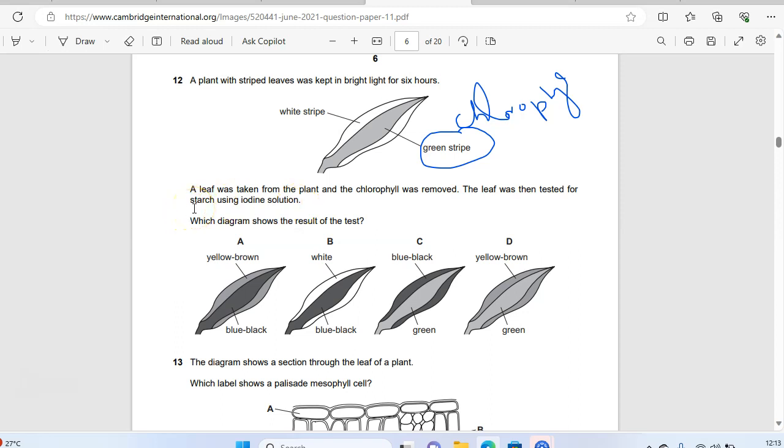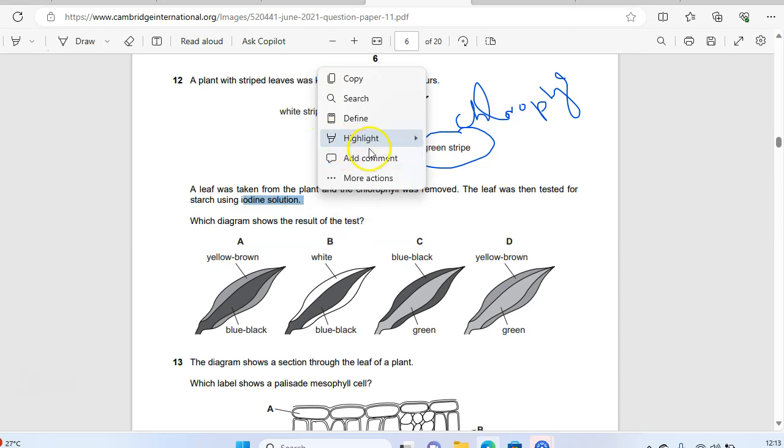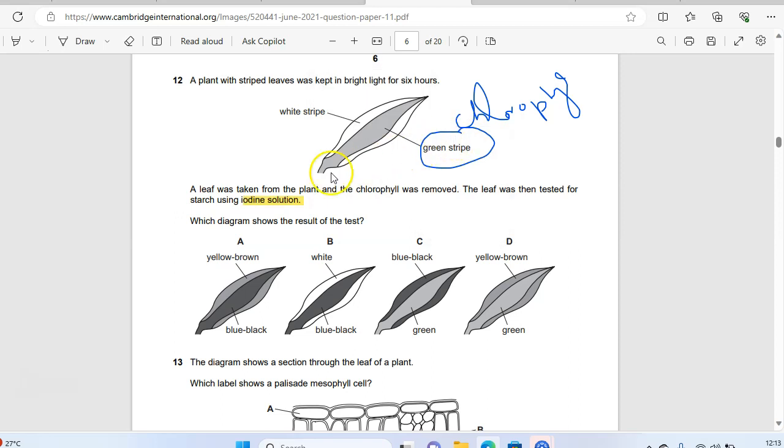The iodine solution is brown in color when you put it on a leaf. The parts of the leaf containing starch will turn blue-black.